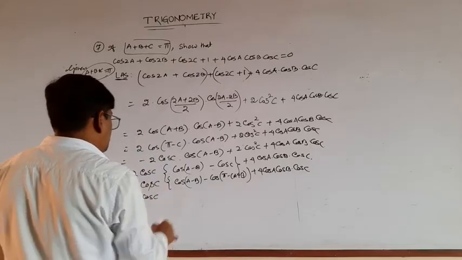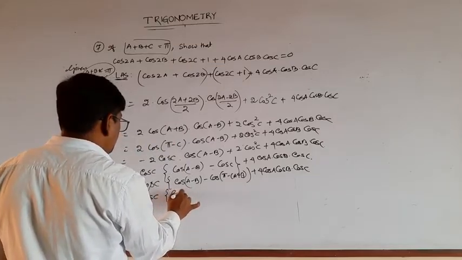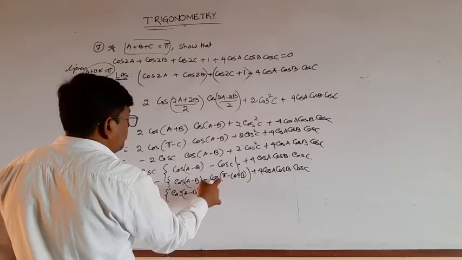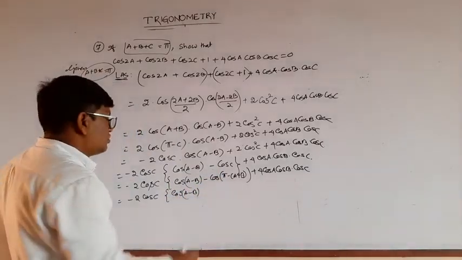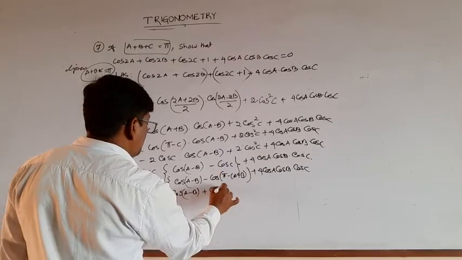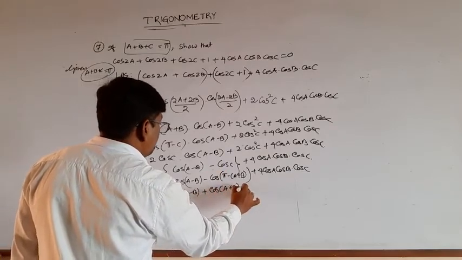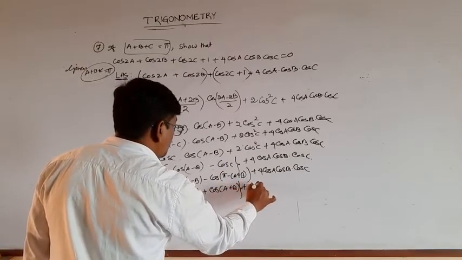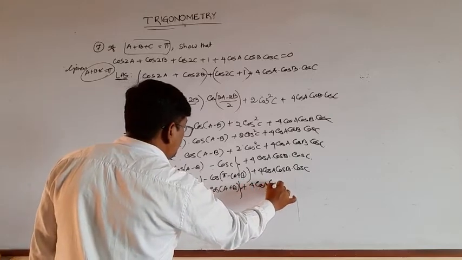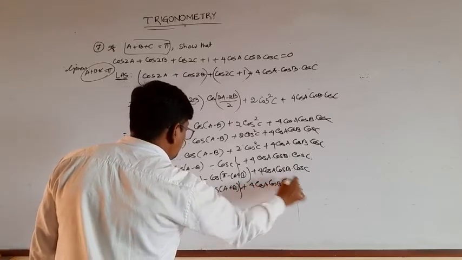Cos of (pi minus theta) is equal to minus cos theta, so this is plus cos (a plus b) plus 4 cos a into cos b into cos c.